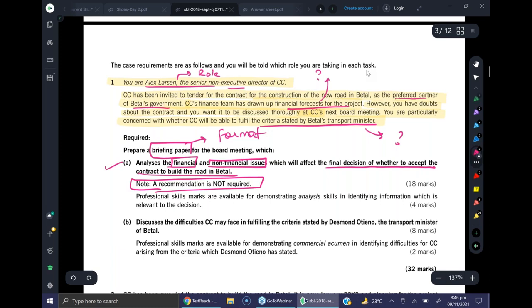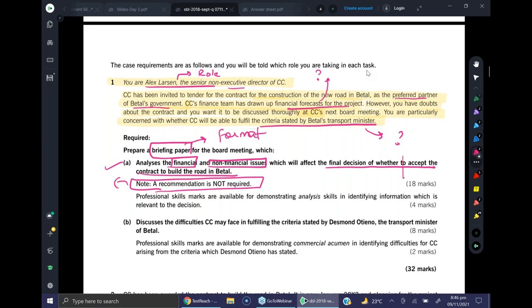So please note, when the examiner says recommendation not required, you do not give the recommendation, otherwise you're going against the requirement. So stick to the requirement. So I think this requirement is pretty clear cut. Financial and non-financial factors needs to be discussed, but we'll have to keep the balance. Not too many financials, not too many non-financials, balanced. So again, what aspects I'm going to consider will totally depend on the exhibits. I'll first read the information and then I will decide.